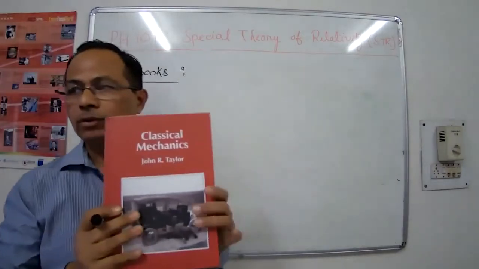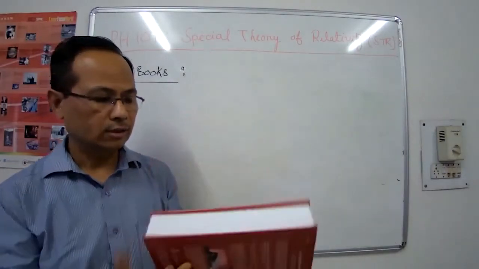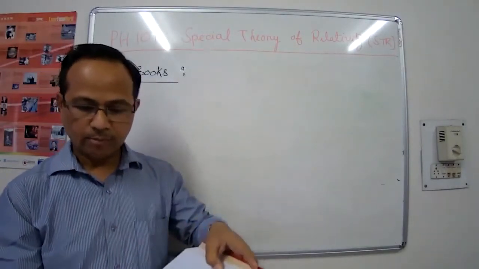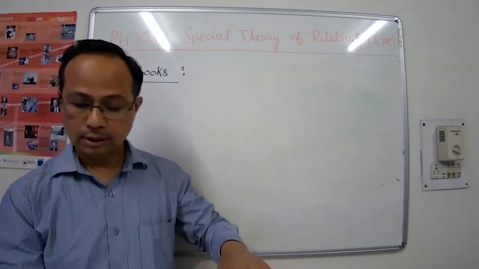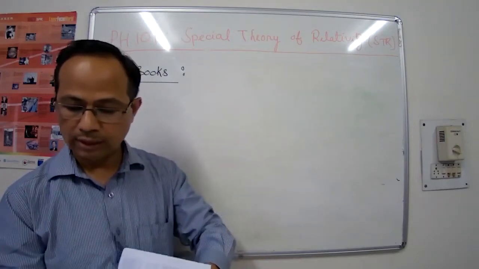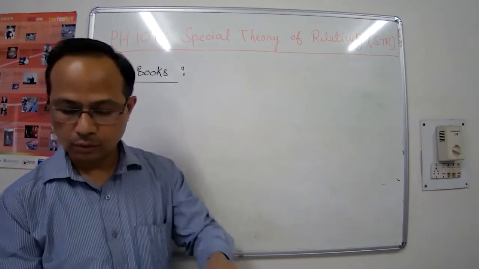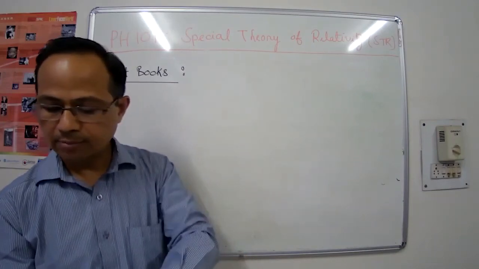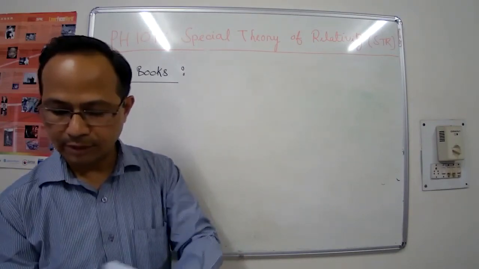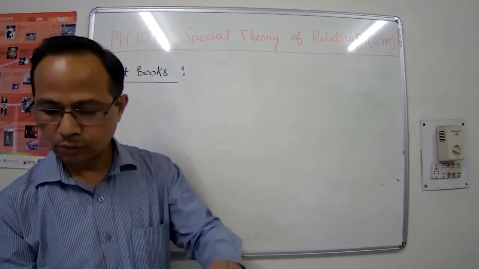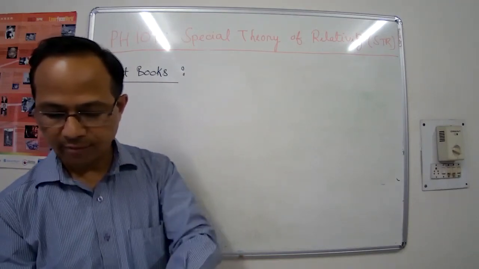You can see this book, Classical Mechanics by John Taylor. Someone from the previous batch asked to see how the interior looks. This relativistic mechanics is in chapter 15. Just to show you, this is quite a voluminous book.